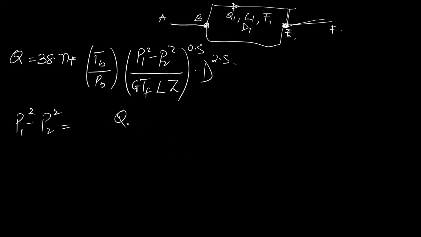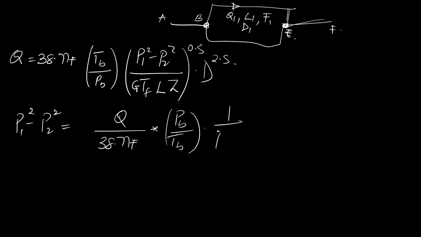Q divided by 38.77 F times base pressure divided by base temperature, then 1 all over D raised to power 2.5.